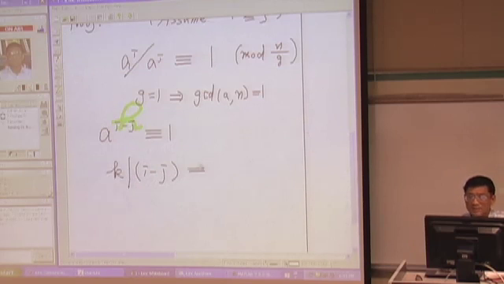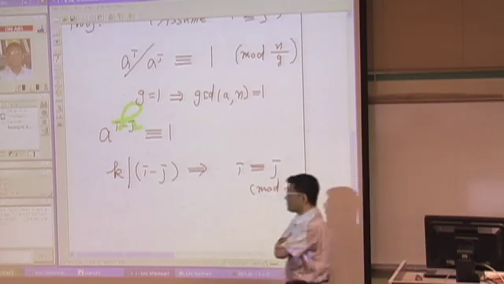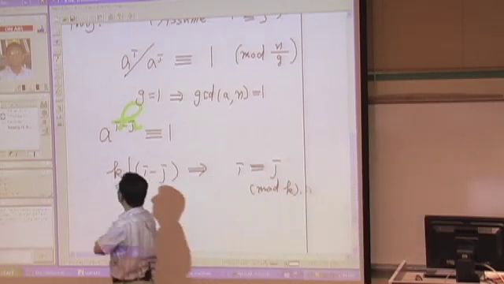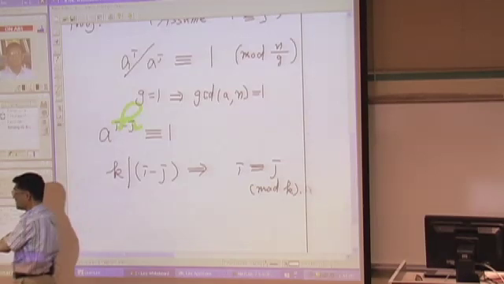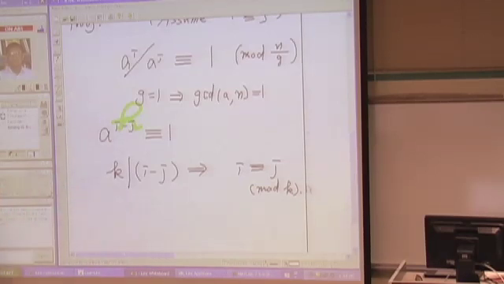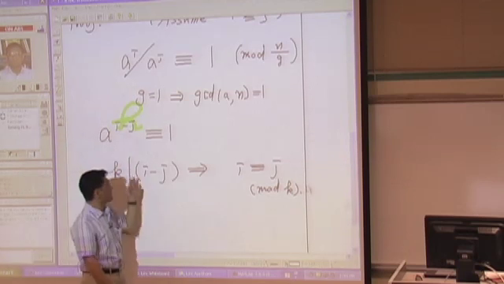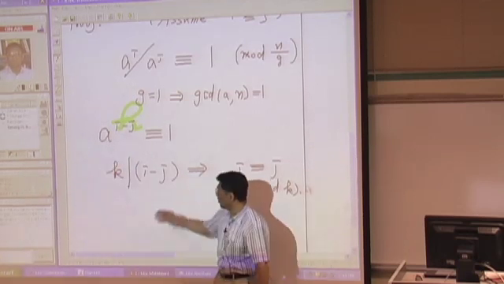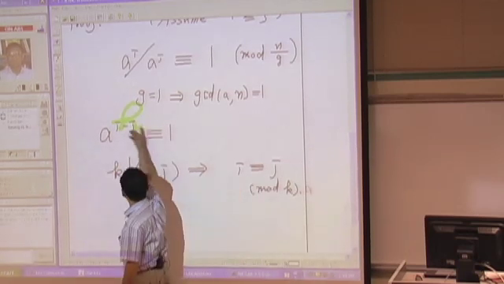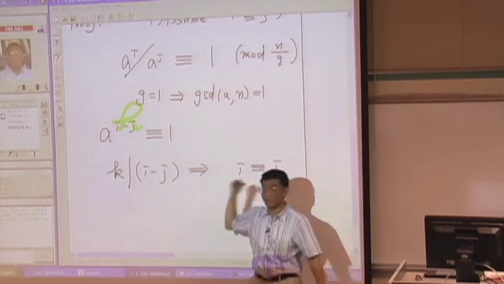And this means i and j are congruent mod k. So I complete the proof. Any questions? The previous statement said the order divides any h satisfying this condition. And we complete the proof.